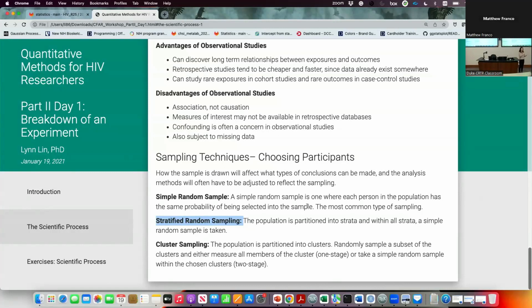Think about in which case, if I only randomly select one cluster, this cluster will be representative of the whole population. Can you think of a scenario?